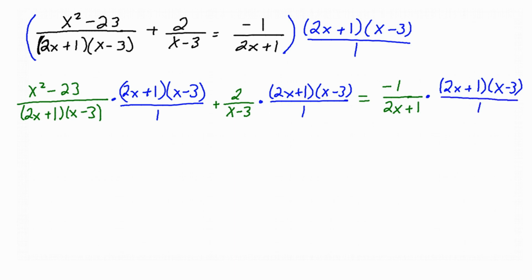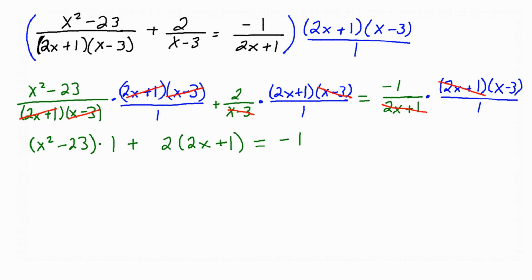Now we can cancel 2x plus 1 and x minus 3, which leaves us with x squared minus 23 times 1, plus x minus 3 cancels, leaving us with 2 times 2x plus 1, equals 2x plus 1's cancel, which leaves us with negative 1 times x minus 3.